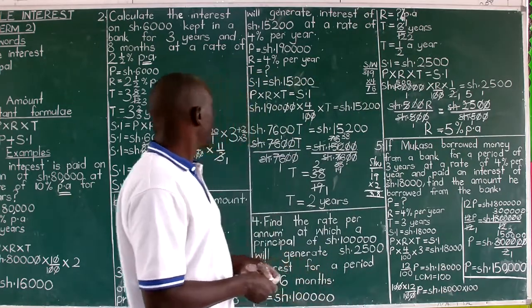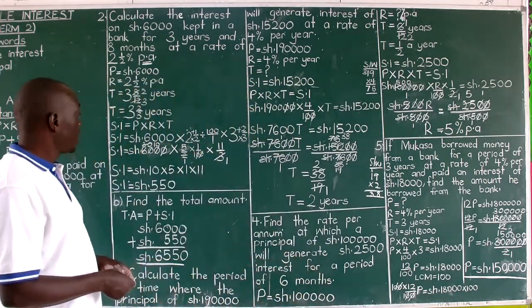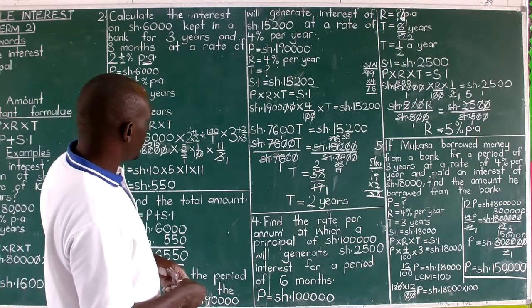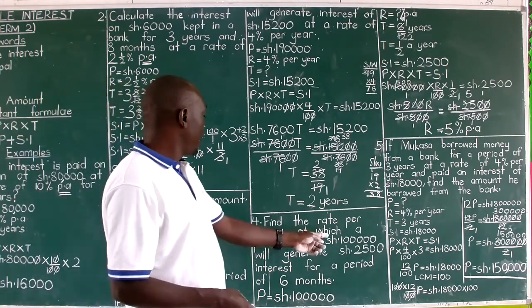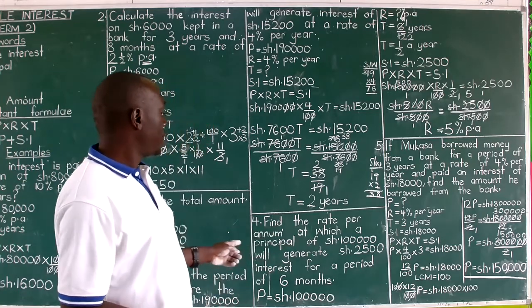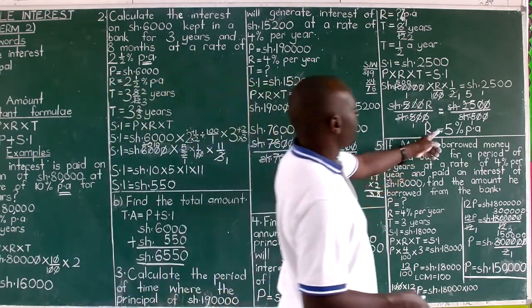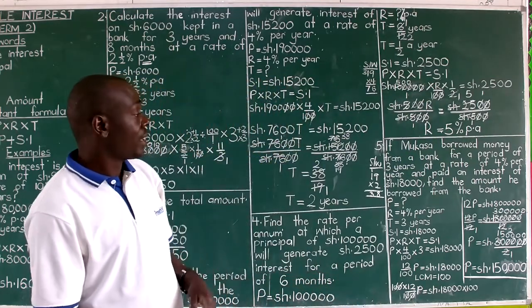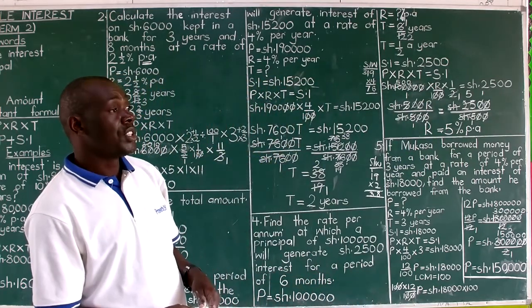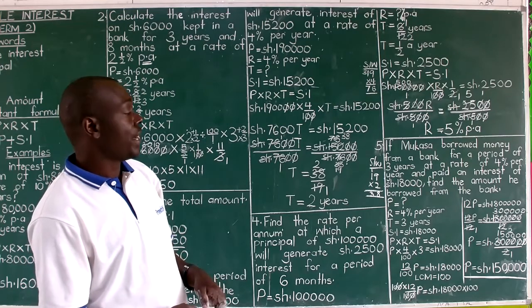So the question was to calculate and find the rate percent per annum. The rate is 5% per annum. That's the way we answer. The rate of interest was given, with simple interest, principal, and time.